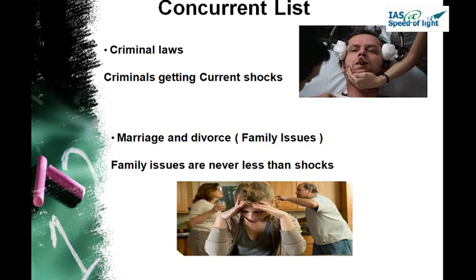The first thing we should relate with the lists, the union and the state list, is the 7th schedule. 7 is heaven for us, and we remembered that sending a person to heaven can be neither in the list of the union government nor the state government. So we related the list with the 7th schedule.